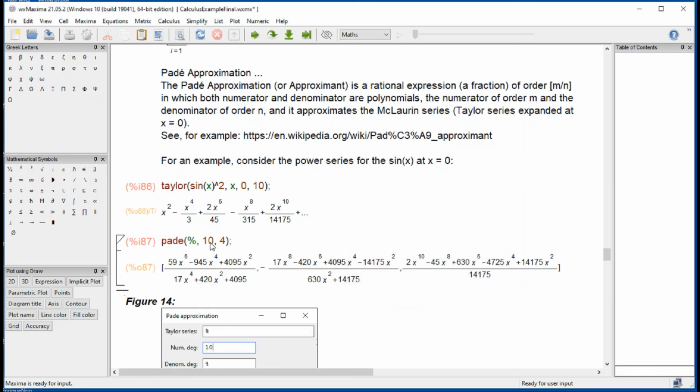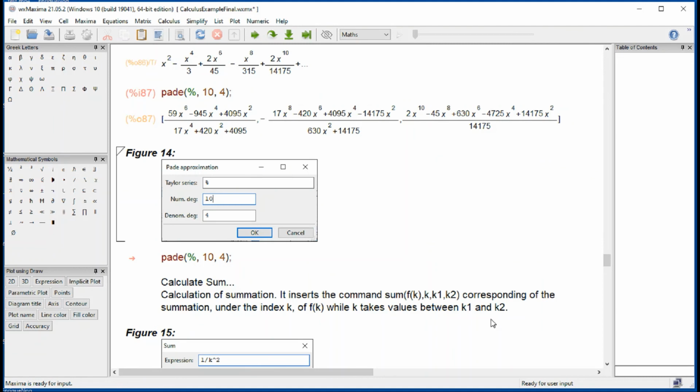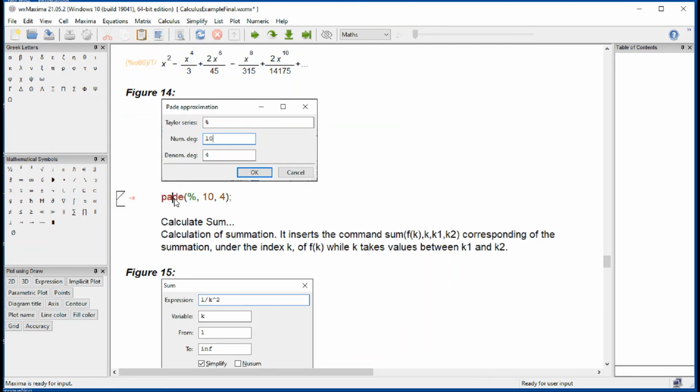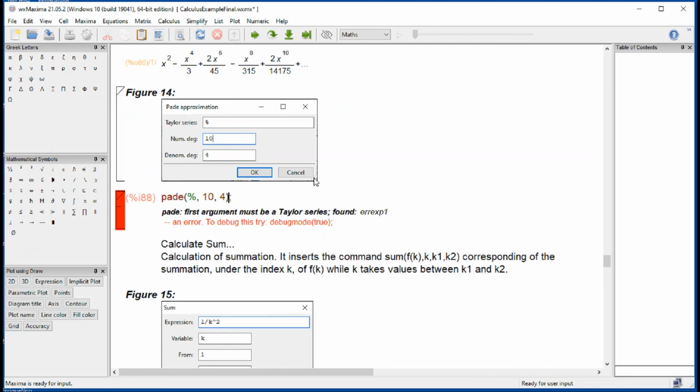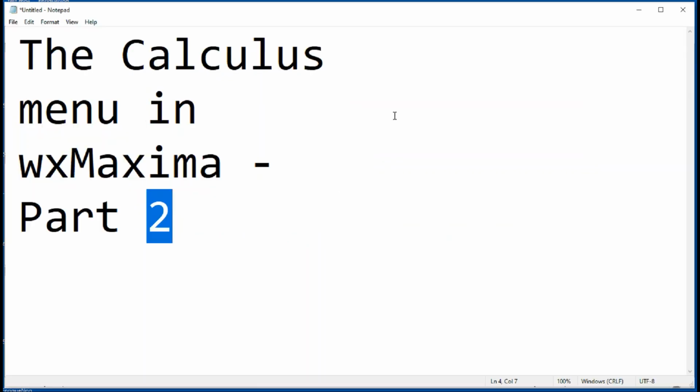It tells you Padé 10, 4, and it gives you 3 possible options of Padé approximations that represent the Taylor series expansion. I'm going to eliminate that from here, repeat it here, and this time we're going to end the presentation of the second part for the calculus menu.